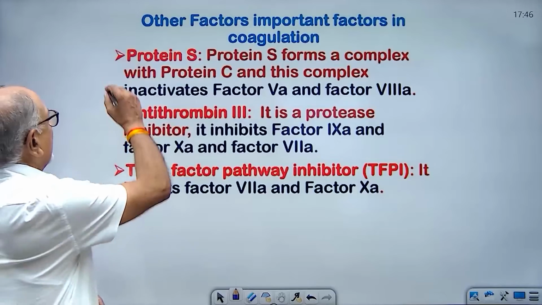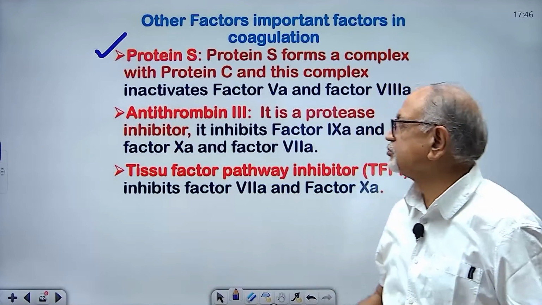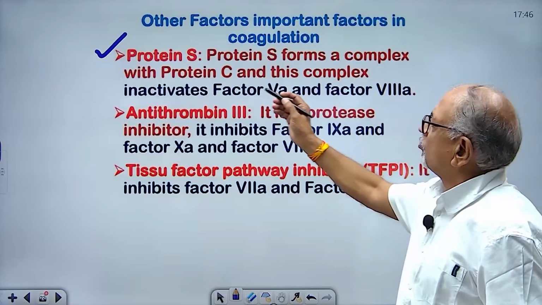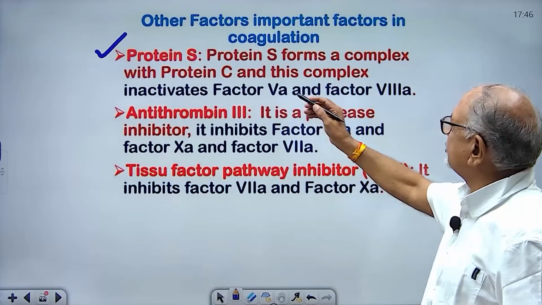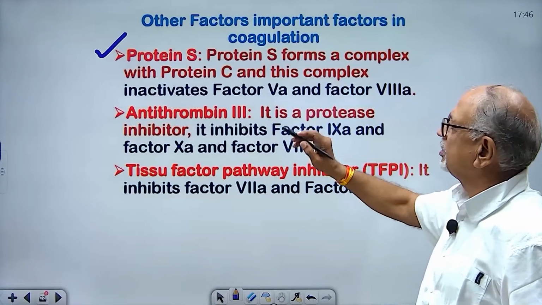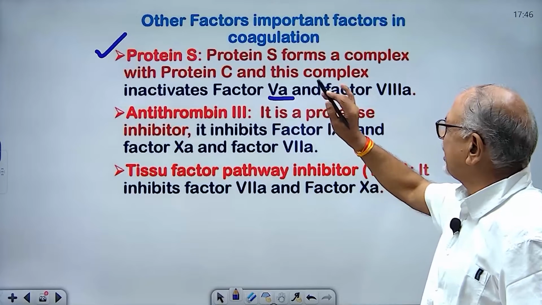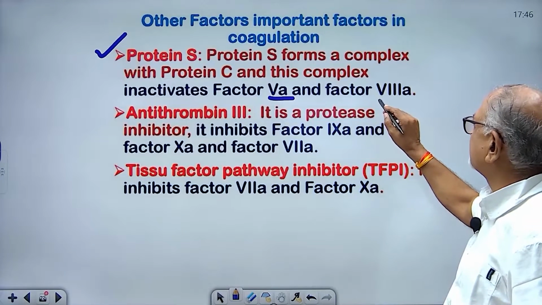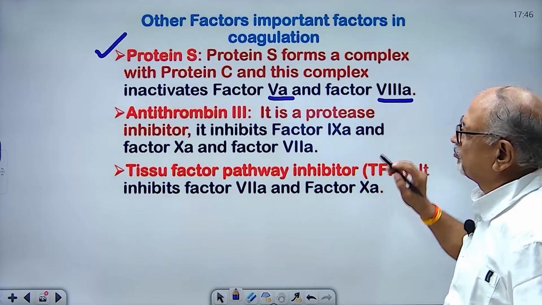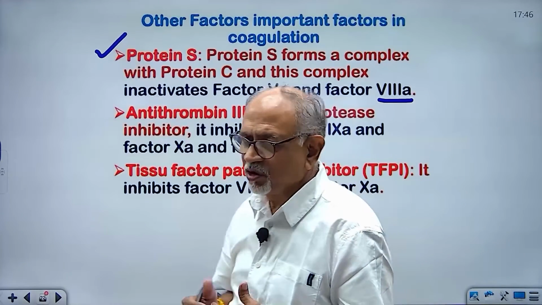Now, protein S. Protein S forms a complex with protein C, and this complex inactivates factor 5A and factor 8A. That means it prevents coagulation.